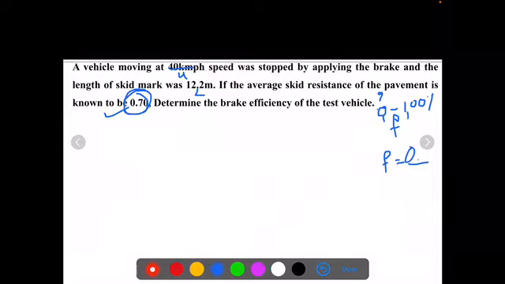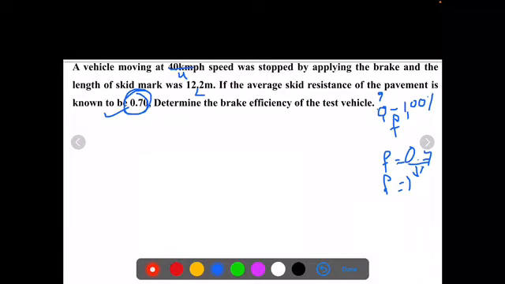But this 0.7, which we initially considered during the construction of the work, may not be the same during the entire life of the pavement. The value of friction will start reducing with the usage of the pavement, because the aggregates will wear out, and there are various other reasons.